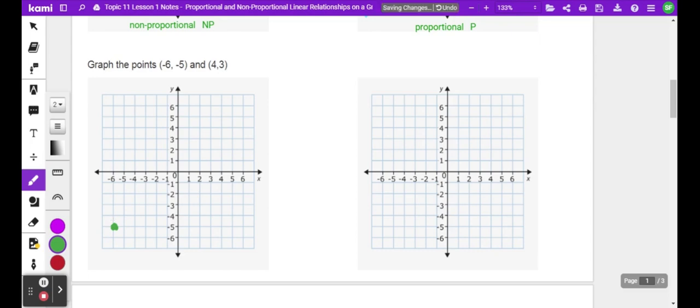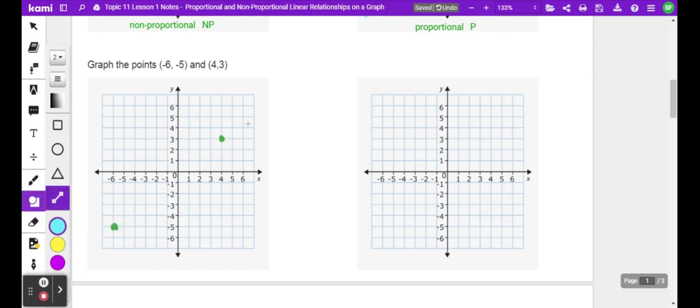To graph 4, 3, I would start at the origin, go right to 4, and then up to 3, and plot my point. Again, I'm going to use my straight edge to connect these points, trying to get right through the corners of those squares on your graph.